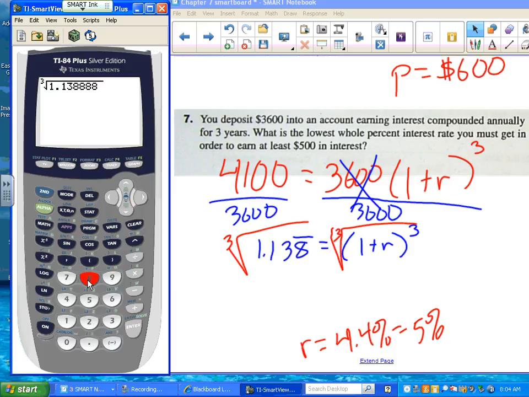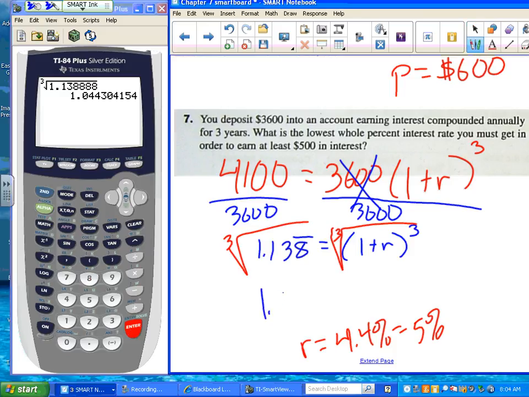No, it's 1.138. If you divide again 4,100 divided by 3,600, you get 1.138. So hit enter. We get 1.0443 and so on equals 1 plus r, because a cube root cancels a cube.